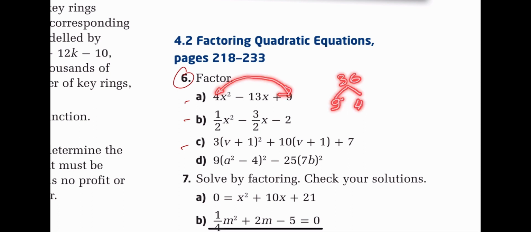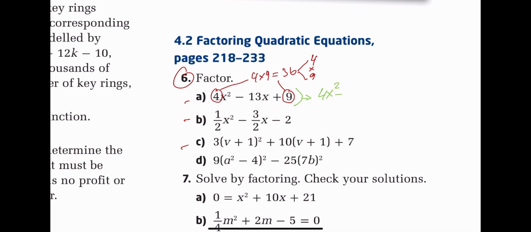So I multiply this by this: 4 times 9 gives me 36. I take my 36 and change it to 4 times 9, and I rewrite my equation as this: 4x squared minus 4x minus 9x plus 9.